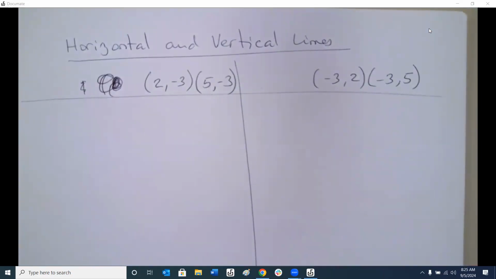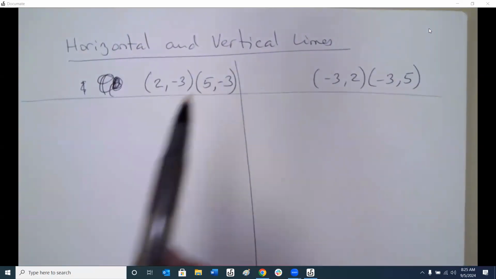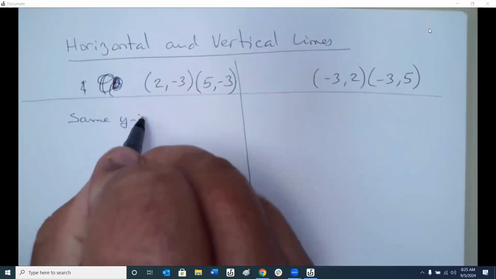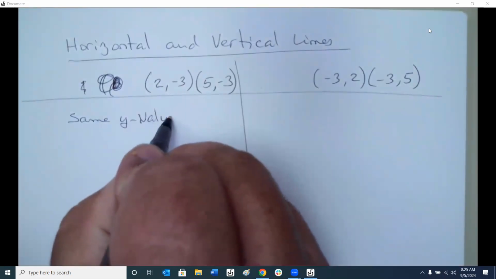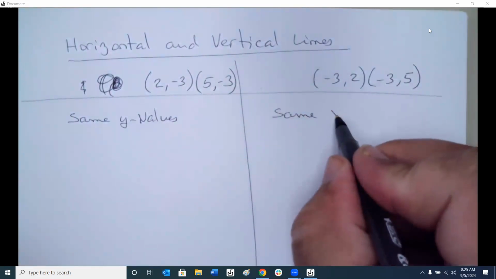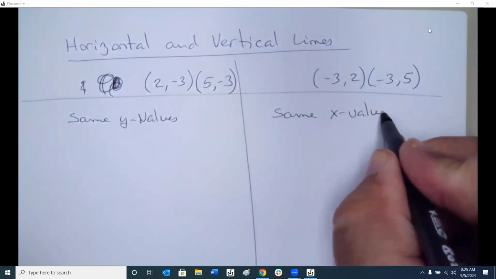Okay, what do you notice about these two sets of points? Yes, so in the first one, you have same y values. And on the second one, you have same x values.